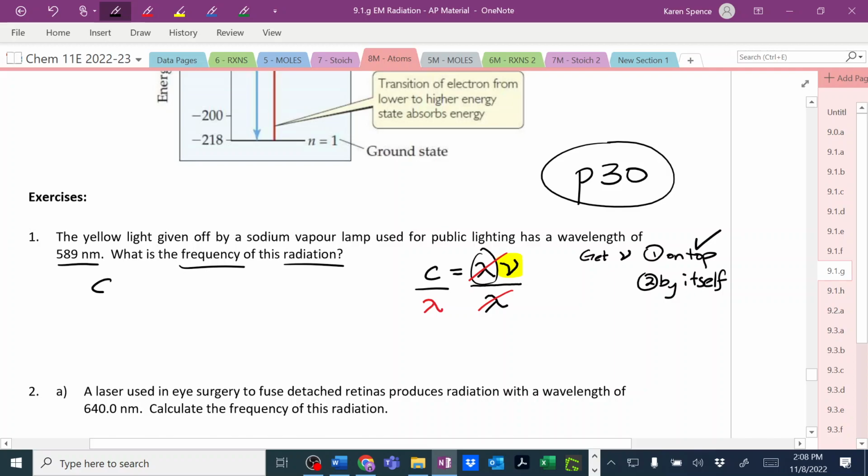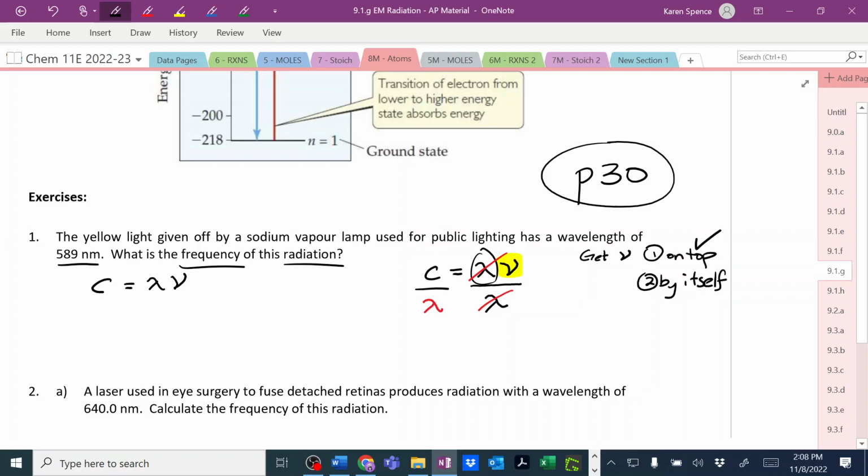What I like to do when I have a variable that I want to move is this: variables can move diagonally across the equal sign.